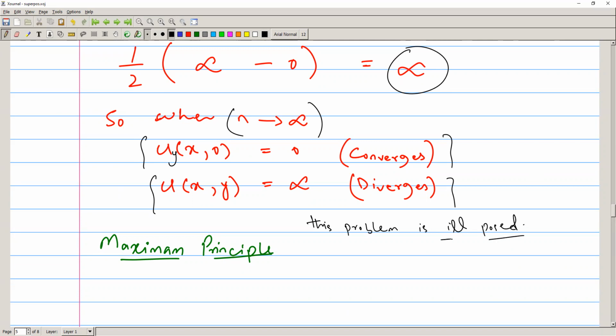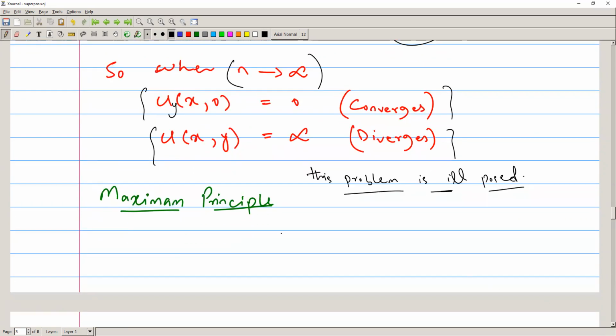All right, so this is the idea of well-posedness and ill-posedness. We can say that by changing the condition, the solution is changed, and there is a big variation. The condition is converging to 0, but the solution diverges to infinity, right?